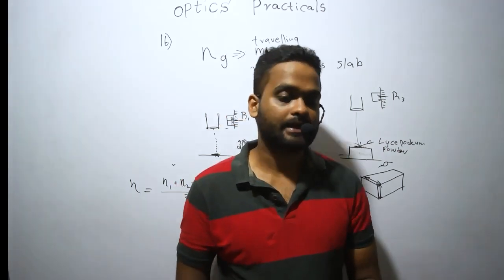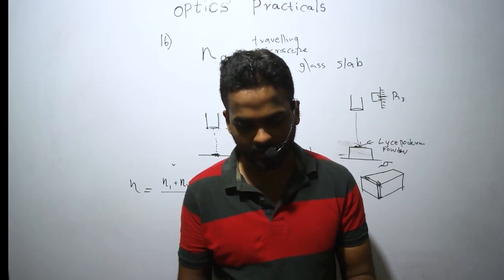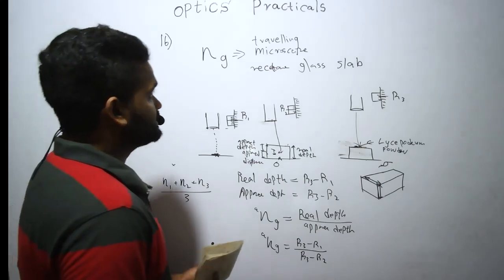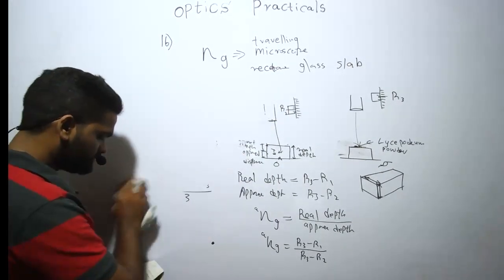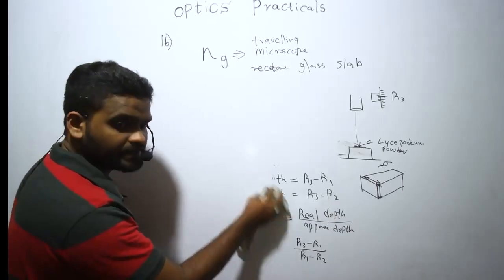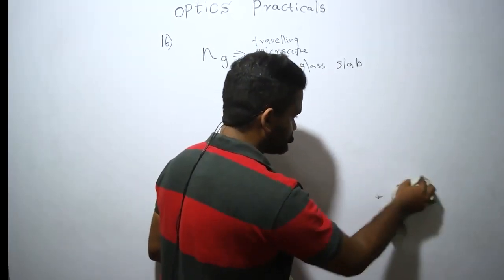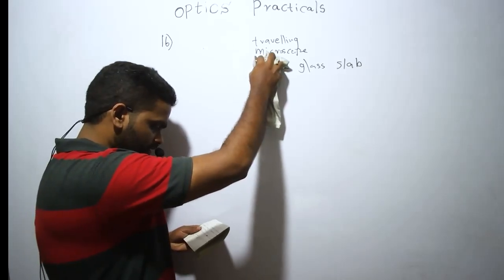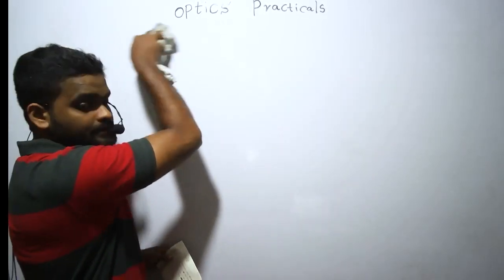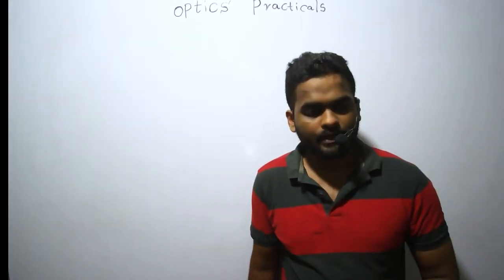If the glass slab is rectangular, using its 3 sides, with different thicknesses, find 3 values for refractive index of glass.